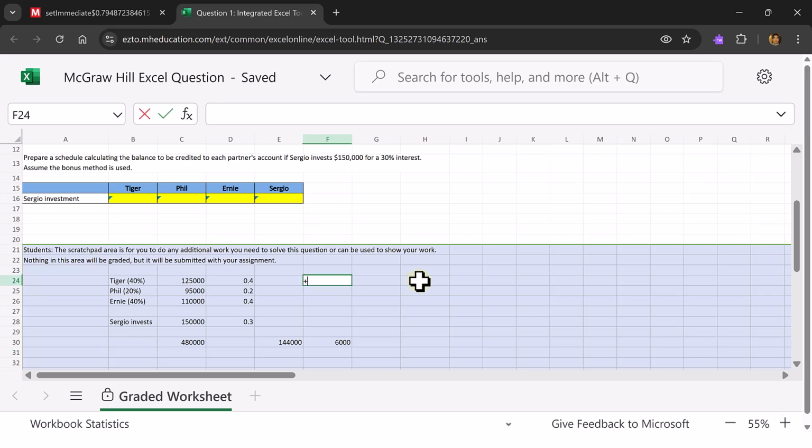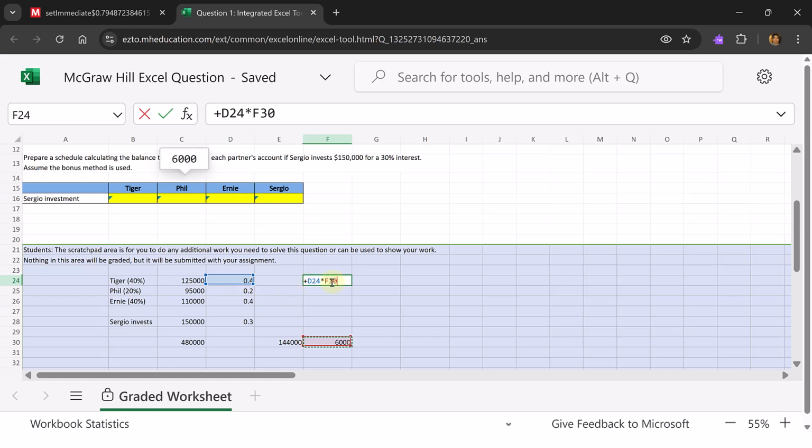So we'll get 40% times the 6,000 for Tiger. If I want to make an efficient formula, to be able to copy it down to the next two rows, I want to always go back to this same 6,000, this F30. But if I keep it like this right now, it'll creep down to the next row and the next row, which I want to do for this D24, D25, D26.